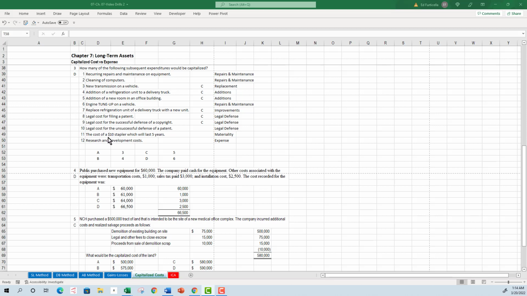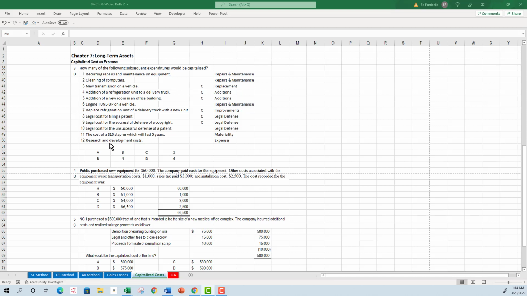Staplers are always expensed because of materiality. Even though the stapler may last forever, the cost of benefit doesn't pay off to capitalize it. And then research and development is always an expense.